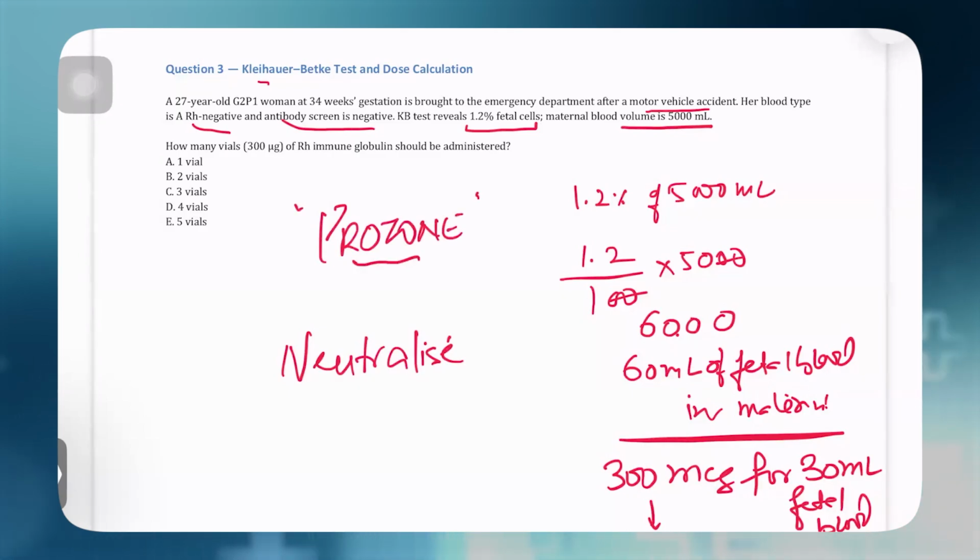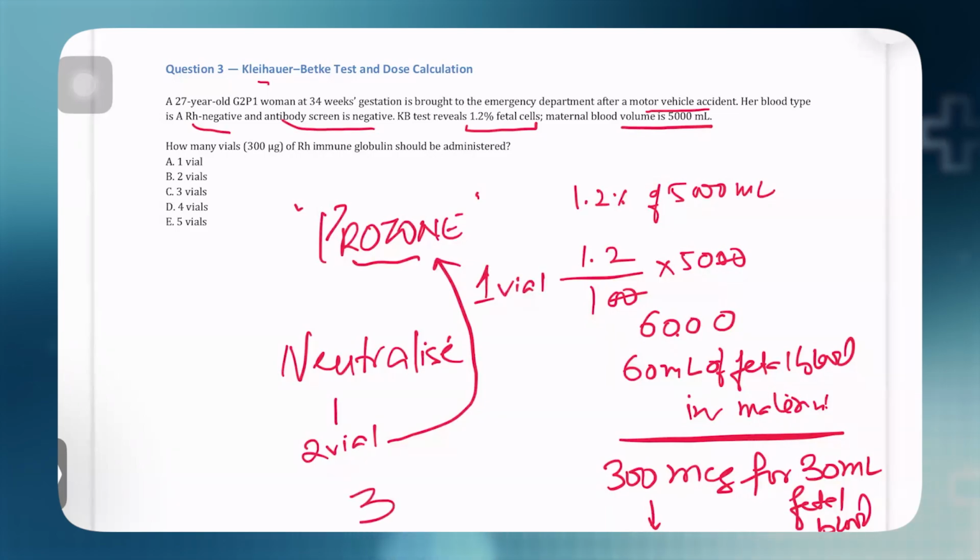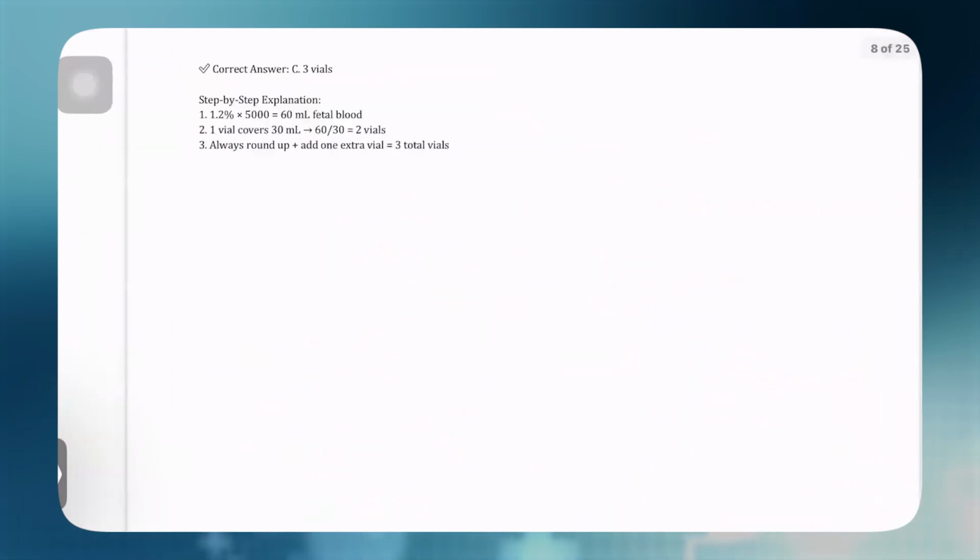So you will neutralize with 2 vials, and to account for the prozone, you need another 1 vial. So the answer would be 3 vials. So 2 will be exactly neutralizing them. The extra 1 vial will be preventing any subsequent exposure that happens during that.